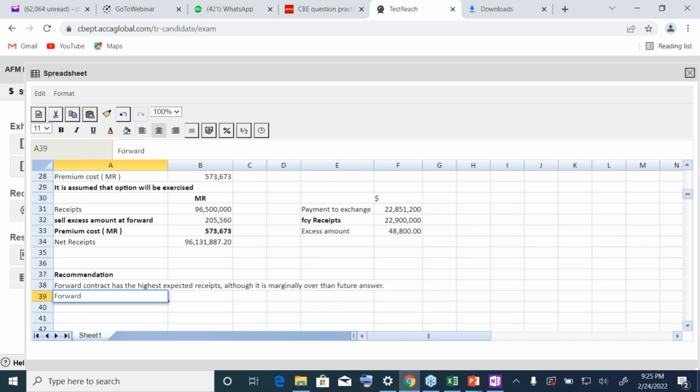Forward contract, write like a paragraph. Do not write in a single cell. Forward contract is better compared to future because of exact hedging and no basis risk is involved.